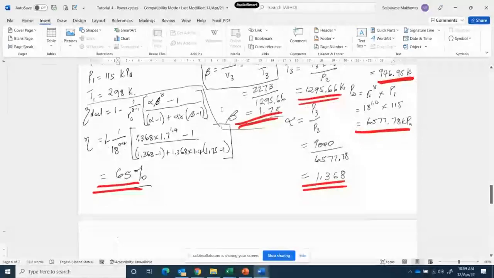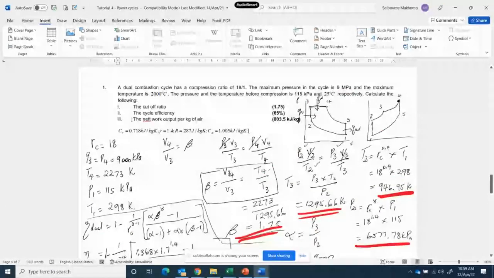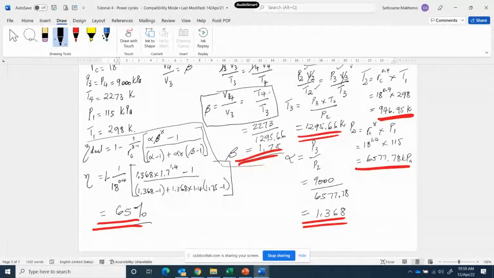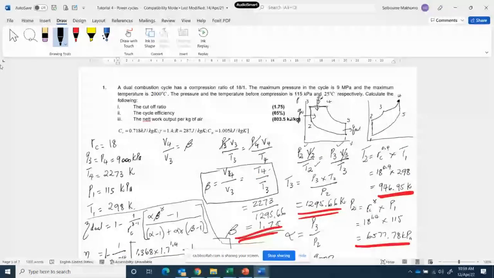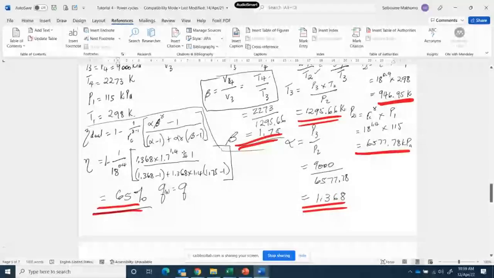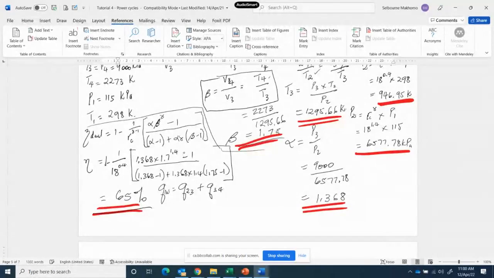And the last question now is what? They want the network output. We have efficiency, we have Q in. No, we don't have Q in, but you can easily determine Q in. Q in is placed twice in a cycle: between 2 and 3 plus between 3 and 4.